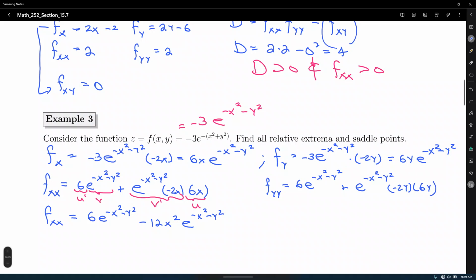And again, we're going to have a very similar result to what we got before, but in this case, the x squared is going to be a y squared. So f double y equals 6e to the negative x squared minus y squared minus 12y squared e to the negative x squared minus y squared. All right.